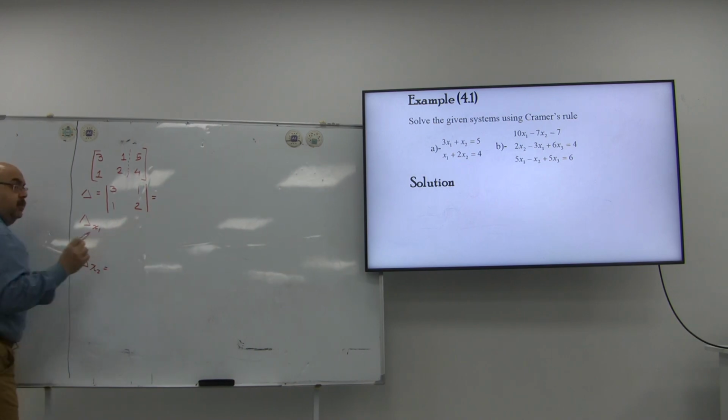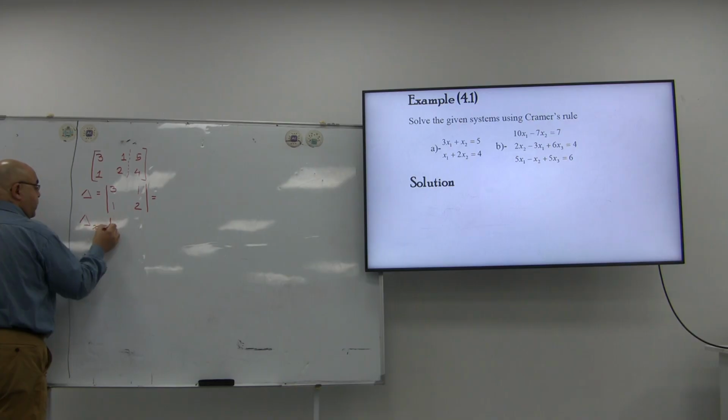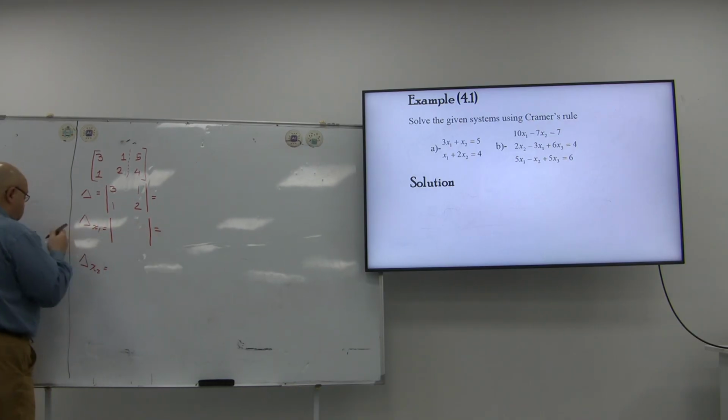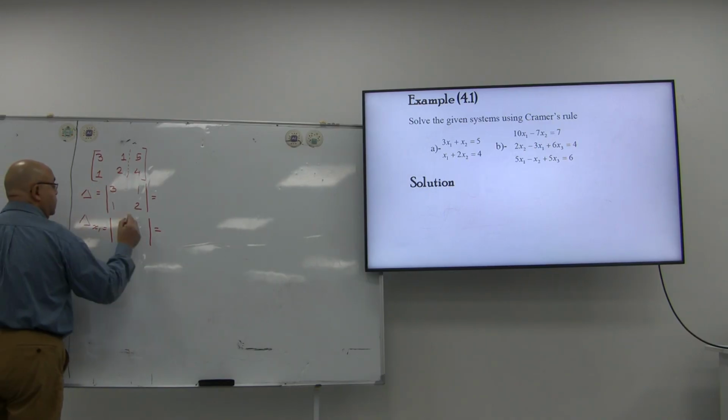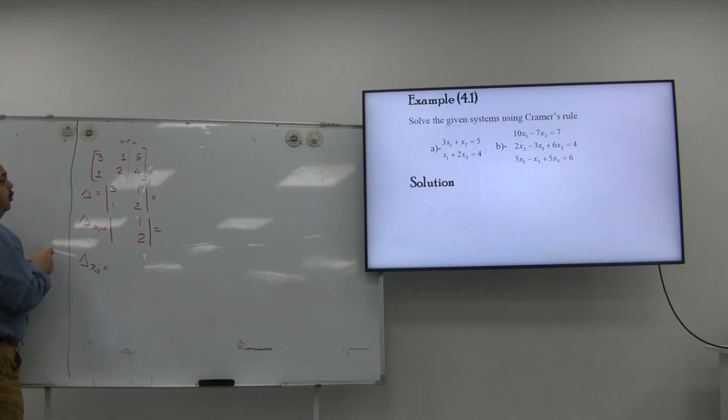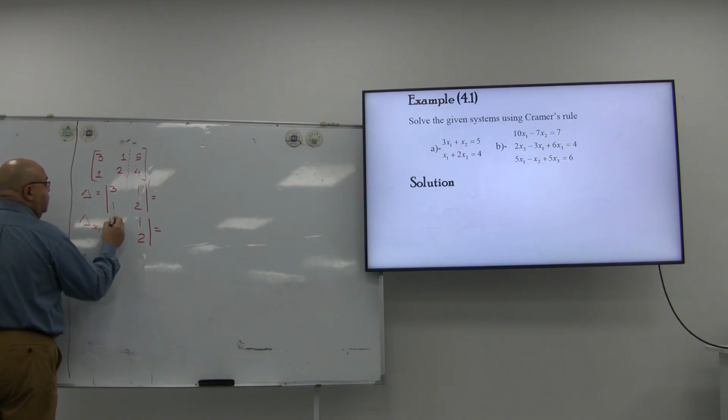Then I will write the determinant which corresponds to the first variable. It's exactly the same determinant, but the first column I will replace with the result column, which is 5 and 4.